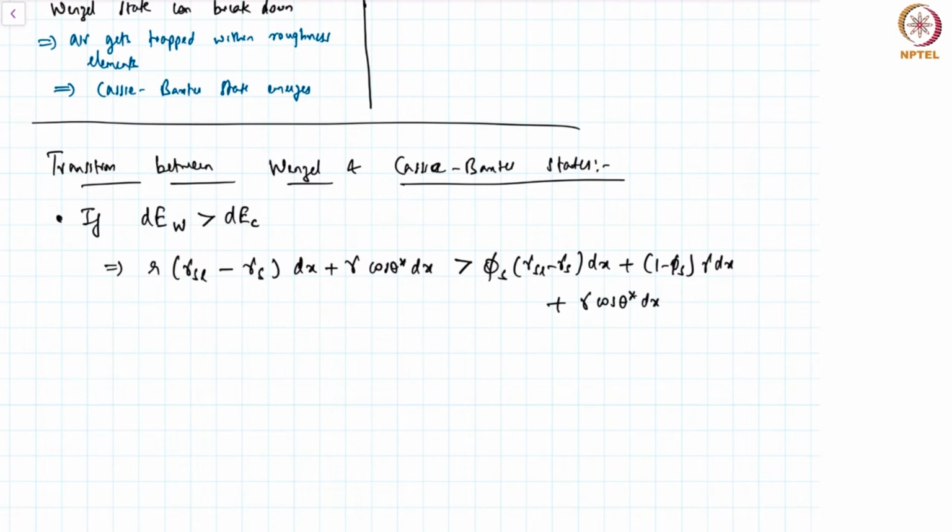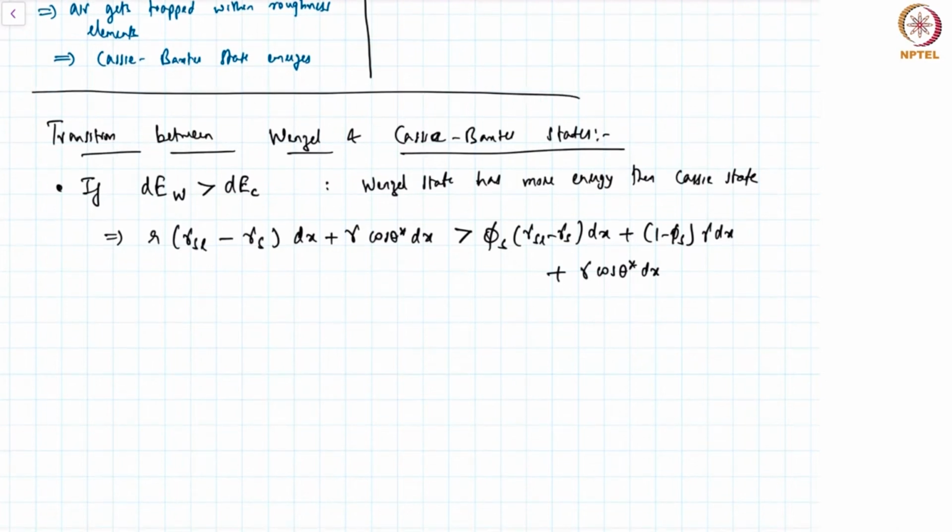When this happens, it means that the Wenzel state has more energy than Cassie state. So the system will try to move towards the Cassie state if this is the situation where dEW becomes larger than dEC.